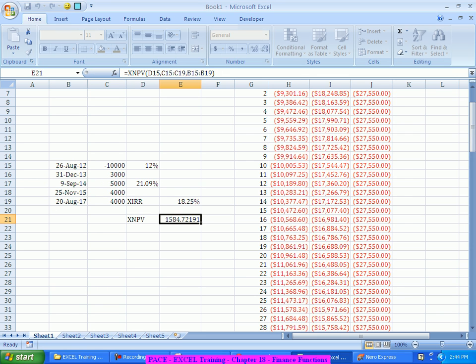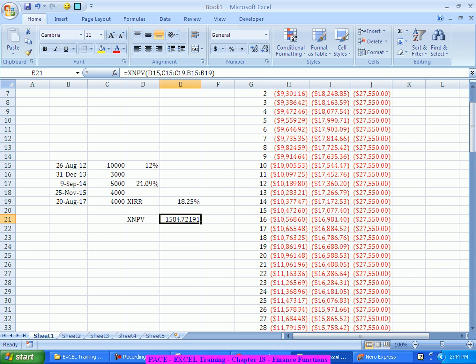So this is giving me a positive value, 1,500, which means if I look at today's value of both cash inflows versus cash outflows, my inflows are 1,500 rupees more than the outflows, which is a profitable thing for me.